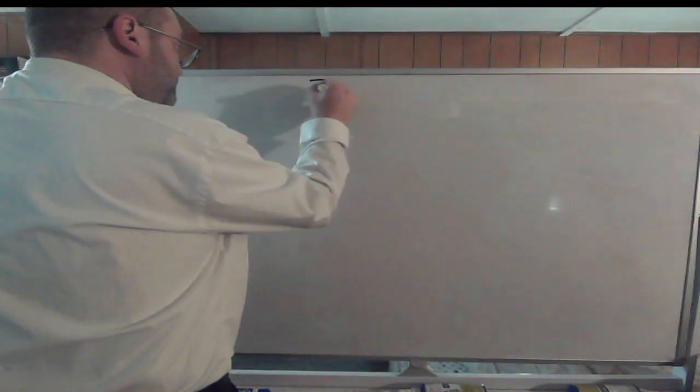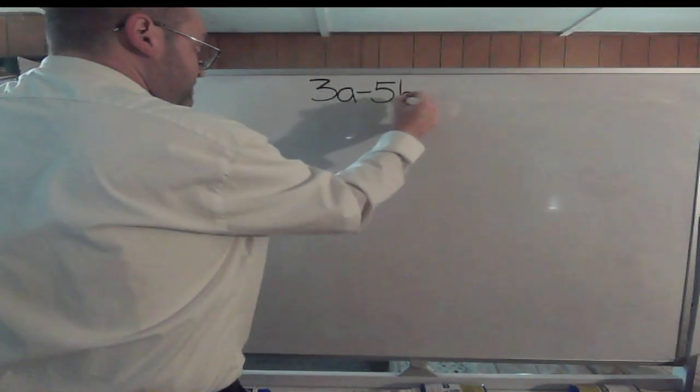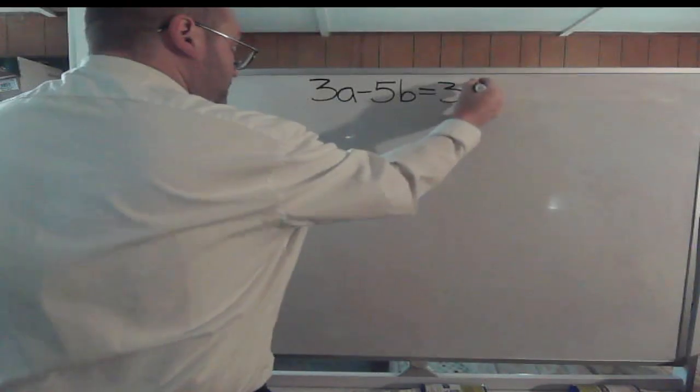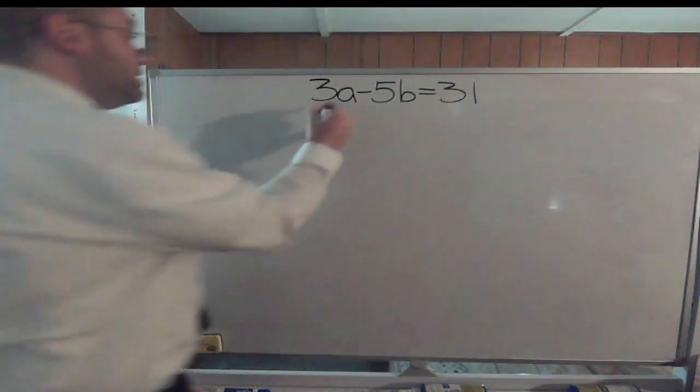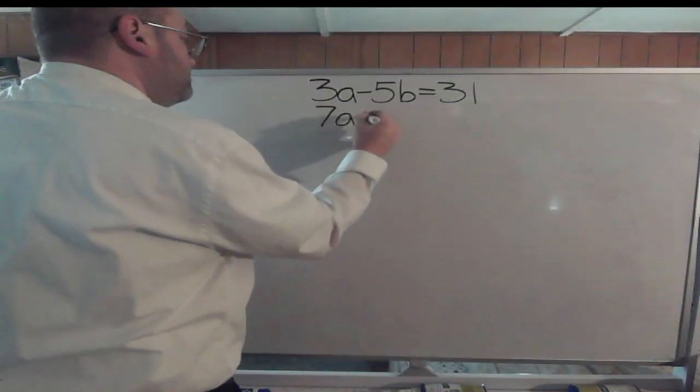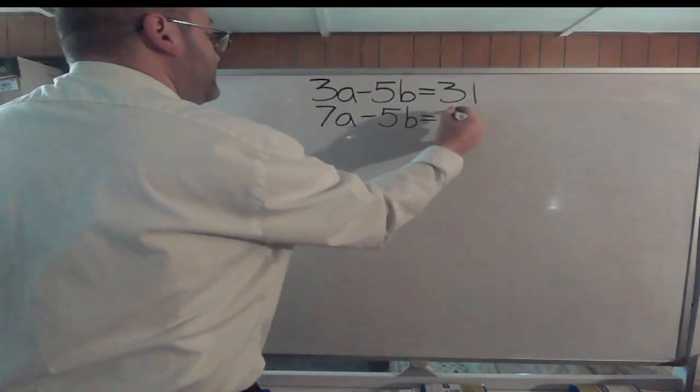Let's see. 3a minus 5b equals 31. 7a minus 5b equals 59.